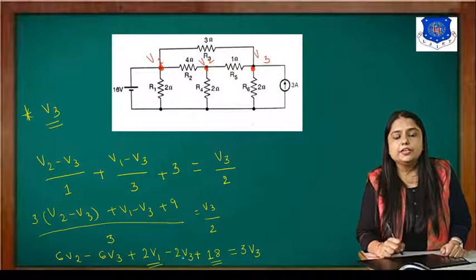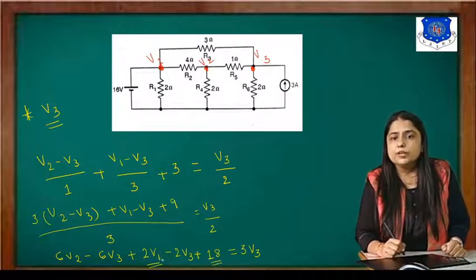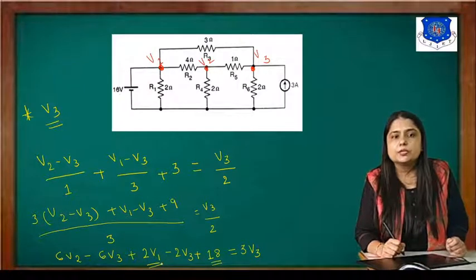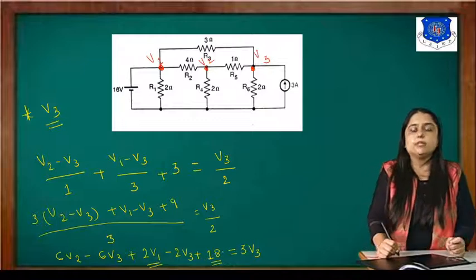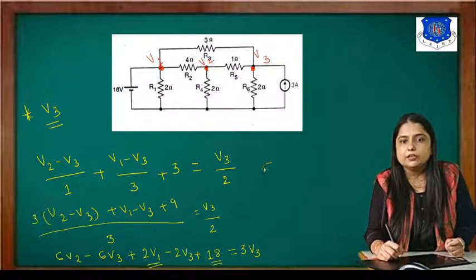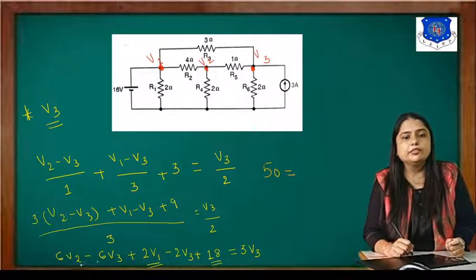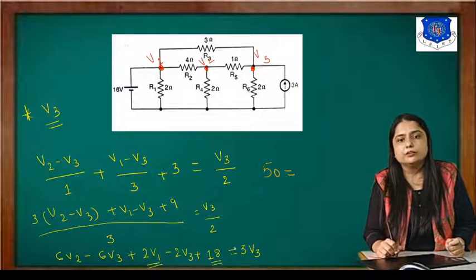Now we need to solve this equation. In place of V1, we need to substitute 16. So 16 into 2 is 32. Then we add 32 plus 18, that equals 50. Whatever term is here, you have to send here.